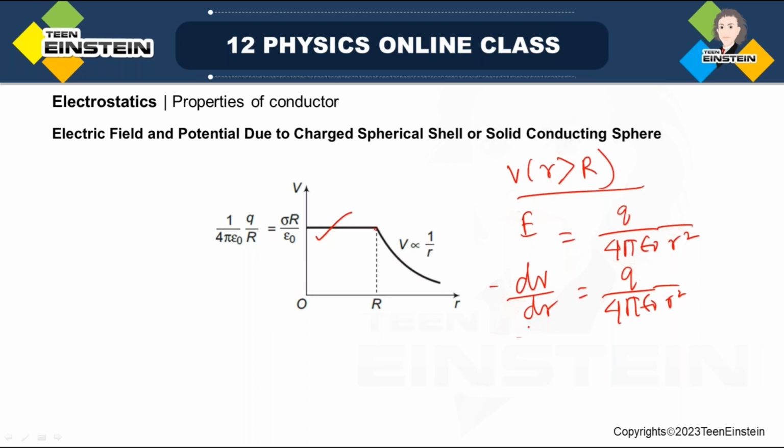So I have to calculate dV from V surface to any point outside, V(r), with the minus sign, q by 4 pi epsilon naught, this dr by r square, and the limits will be R to small r.